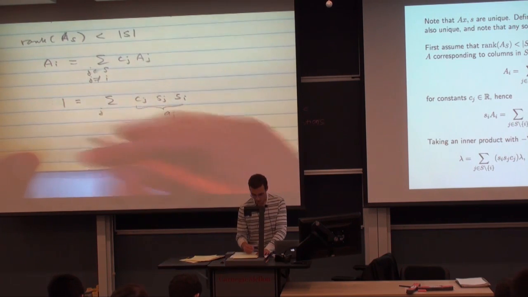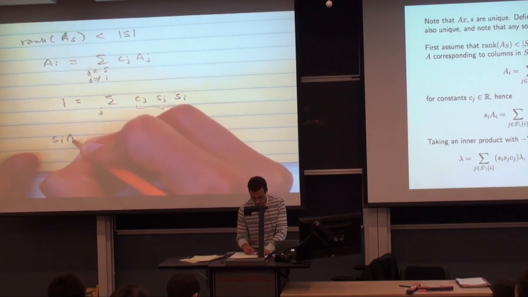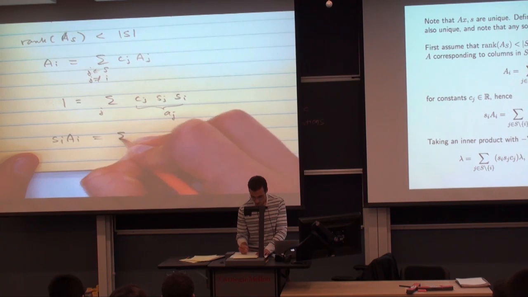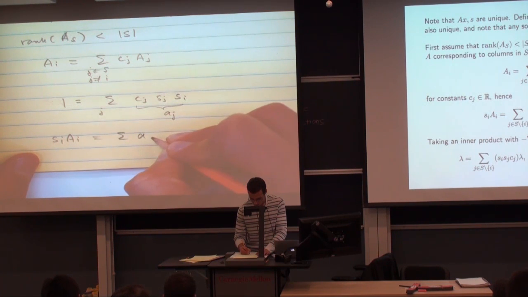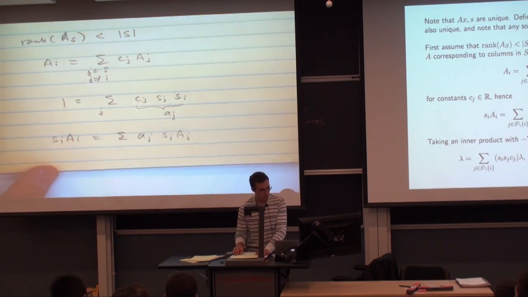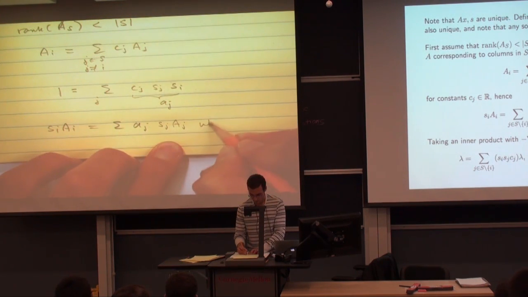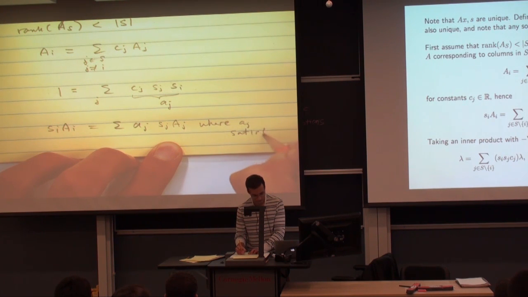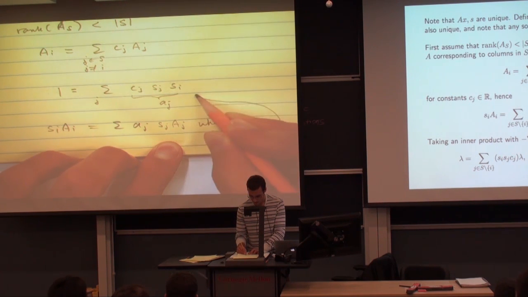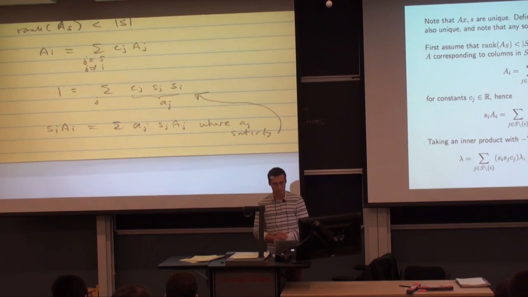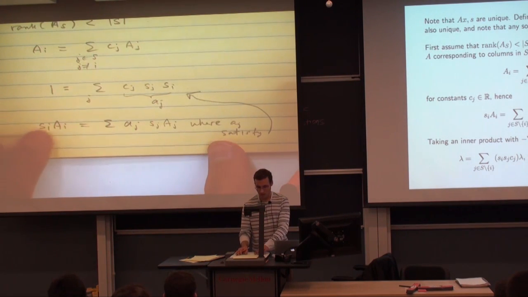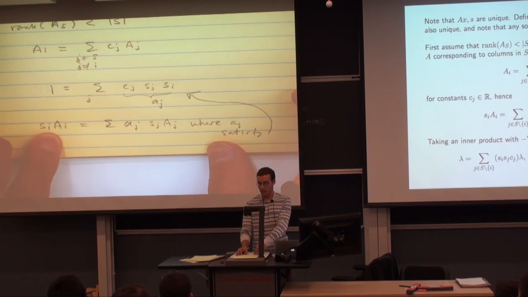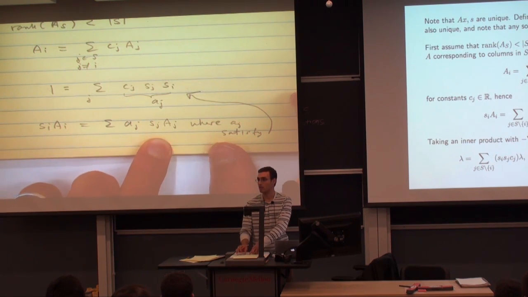So what have I shown? I've shown that s_i times a_i is equal to the sum of a_j times s_j a_j, where the a_j satisfy this. So what does that mean? It means that s_i a_i, that variable, is in the affine hull of the rest.